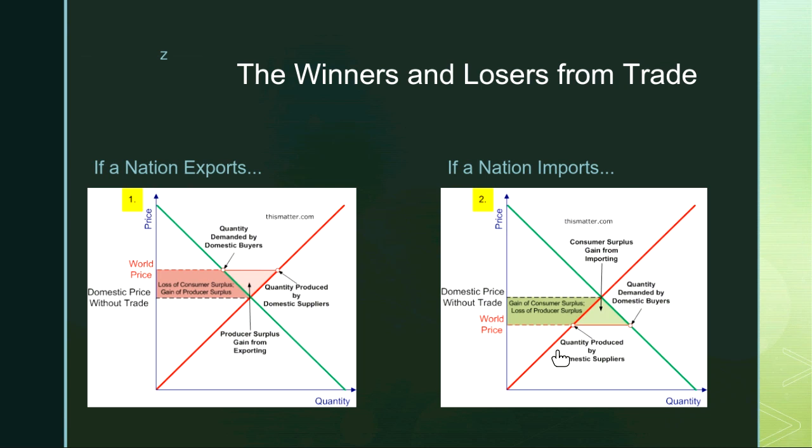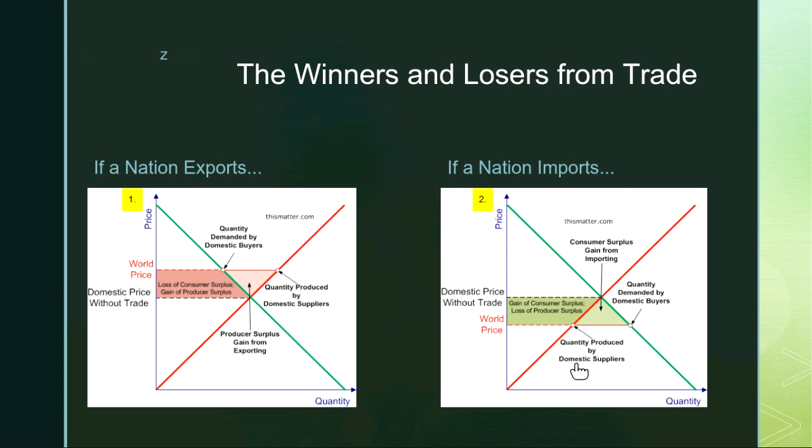And because world price is lower than domestic price, the quantity produced by domestic suppliers decreases. And so the gap between these 2 points, this little red line, is the total amount of goods the country imports: the quantity demanded by domestic buyers minus the quantity produced by domestic suppliers equals the total imports for the country.